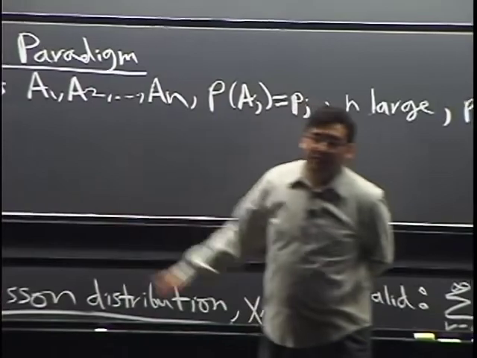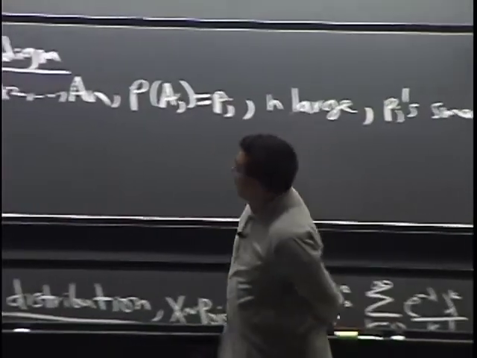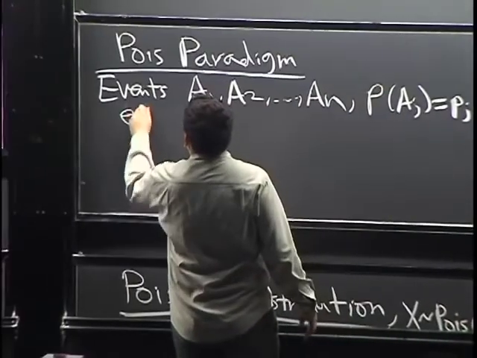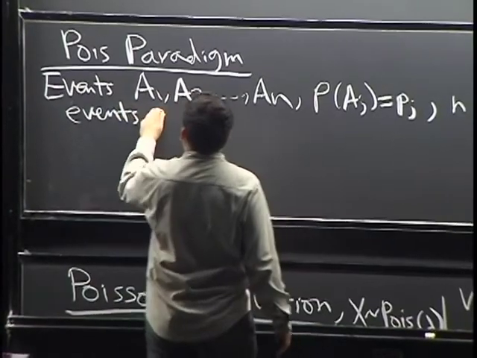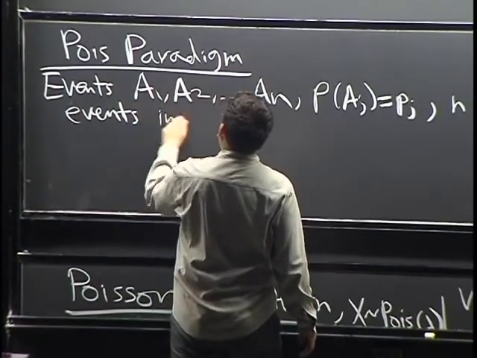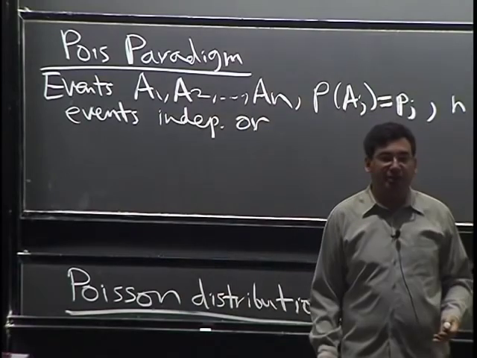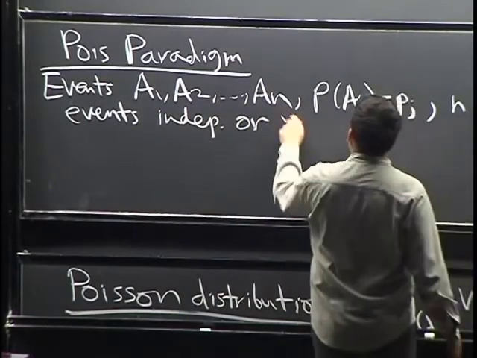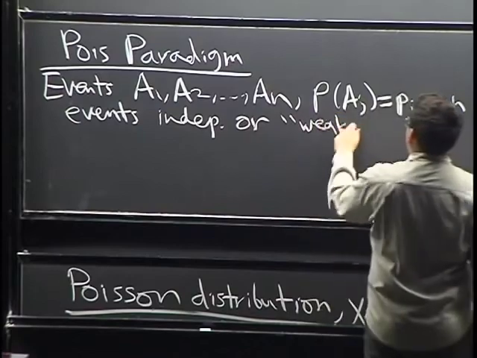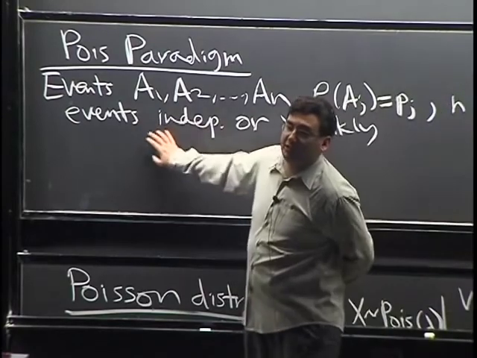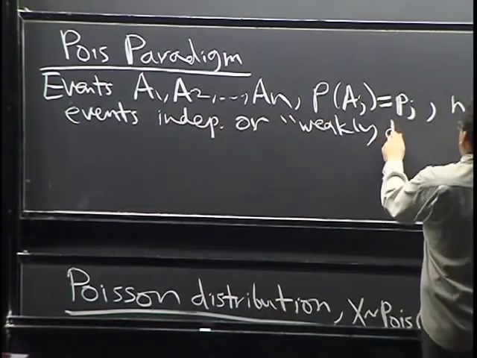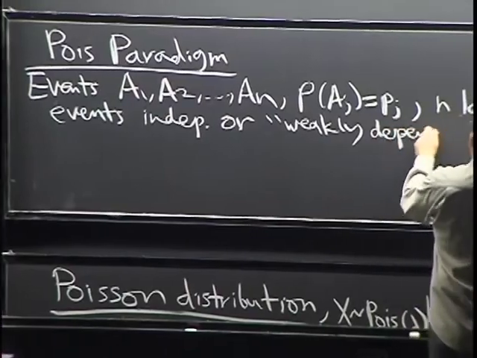Now we have to say something about independence. The nicest case is where the events are independent. But actually, this result is even more general, so they could be weakly dependent. It's very difficult to mathematically define weakly dependent.